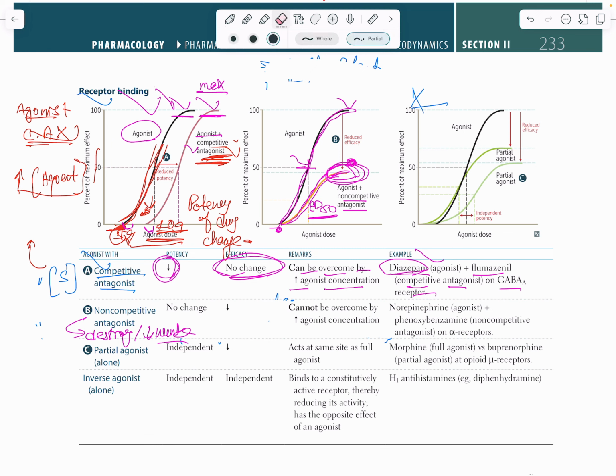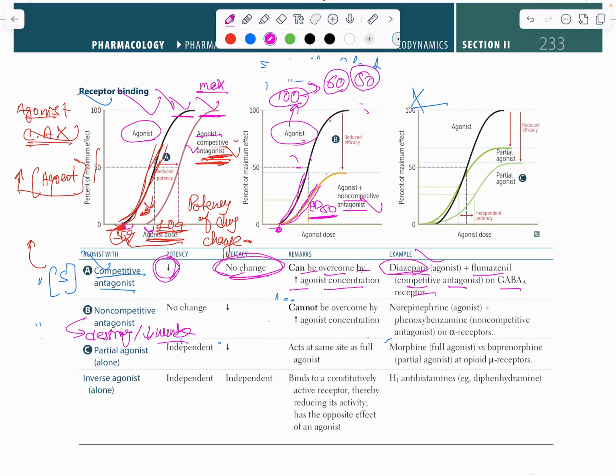When we are giving only an agonist, for example, when we inject this drug, the number of receptors was 100. But after giving the non-competitive antagonist, the receptors decrease to 60 or 50.